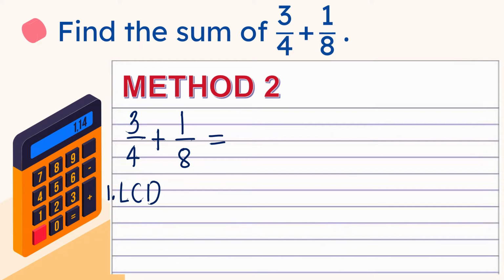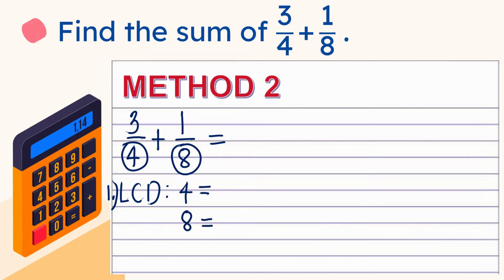Lagyan natin ng number, okay? In getting the LCD for method number 2, which I am going to present to you, is just simply to get the multiples of 4 and 8. Yung least common multiple, that is already the LCD, okay? So, let's have 4 and 8. Ano ba ang multiples ng 4?